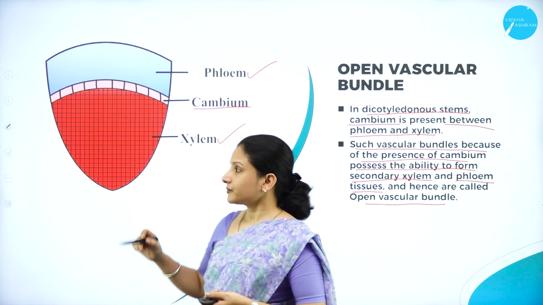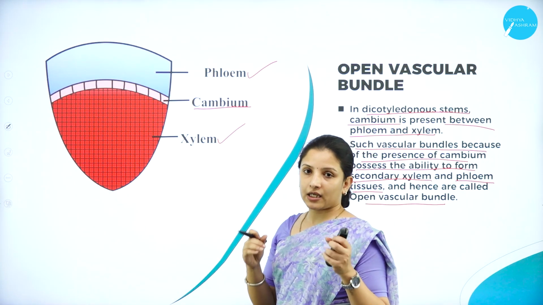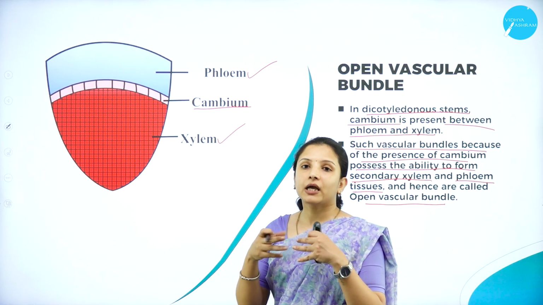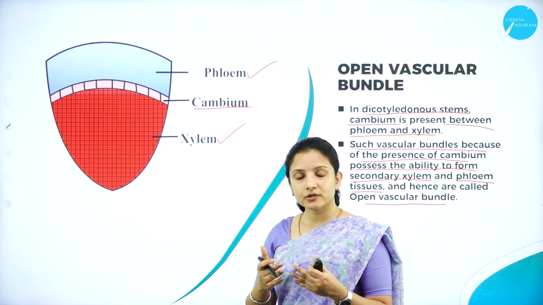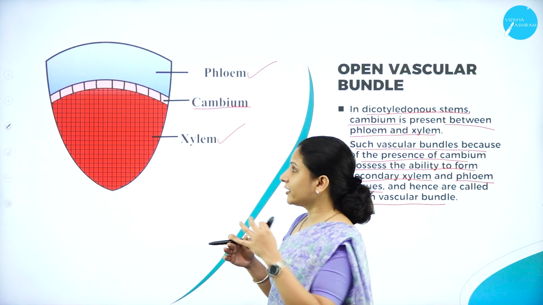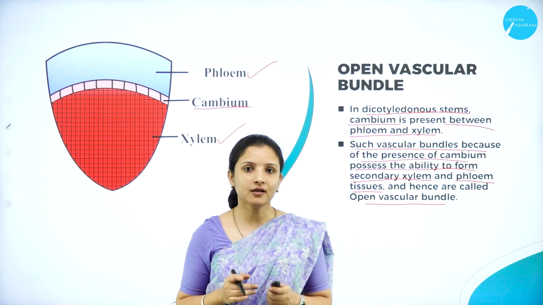So here, in between the phloem and the xylem, they have the cambial cells, and because of the presence of the cambial cells, they are able to produce the secondary xylem and the secondary phloem. Therefore, such vascular bundles are called open vascular bundles.